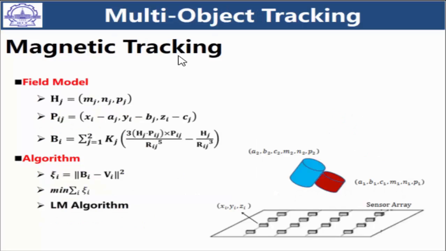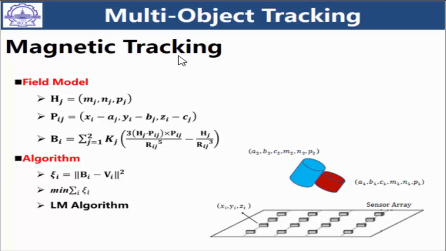First, we will talk about the multi-object tracking method. Here, we also use the magnetic dipole model to track each magnet. Here, we can assume that we have two magnets to track. The first one's position is denoted as A1, B1, C1, and its orientation is denoted as M1, N1, P1.